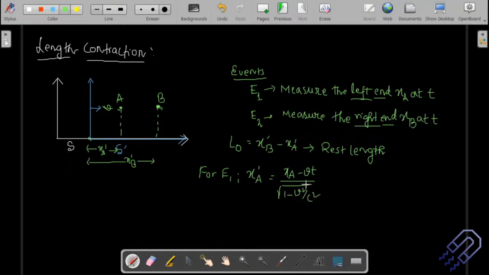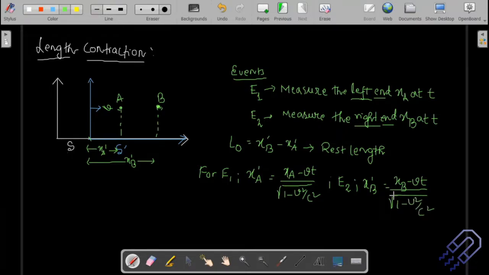So we can write it in this way. And if we just want to do it for E2, this would be nothing but xb prime is equal to xb minus vt divided by root over of 1 minus v square divided by c square, right?